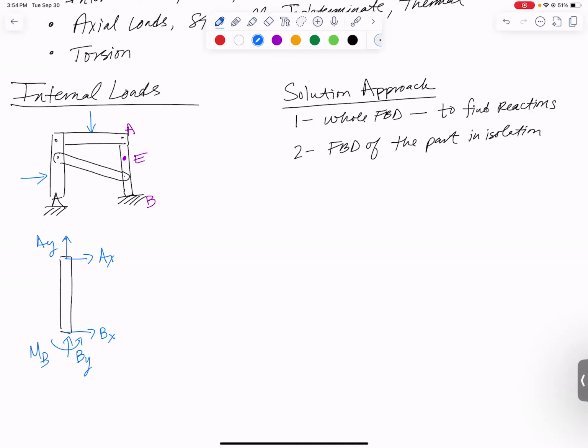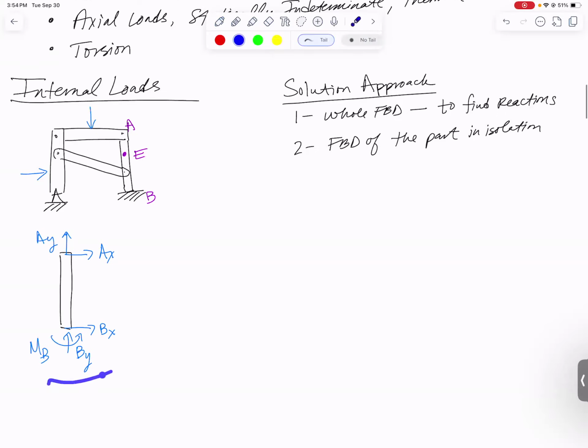So in step 1, we would have found these forces at B. There are external reactions. We find them from the whole free body diagram. Then we need the diagram of this part. I left something off of it. It's also going to have a force in that 2-force member in the middle. Let's say that goes from point D to point C. That would be the force in member DC, which I probably also don't know right now. But here's the trick.